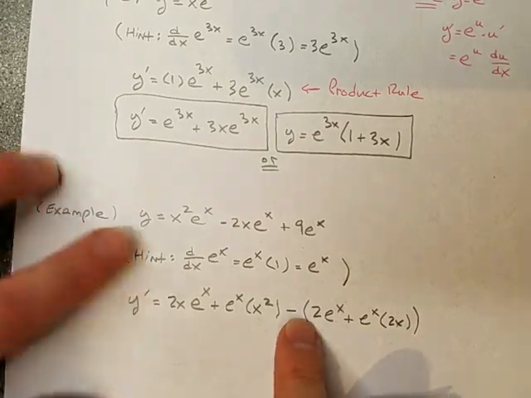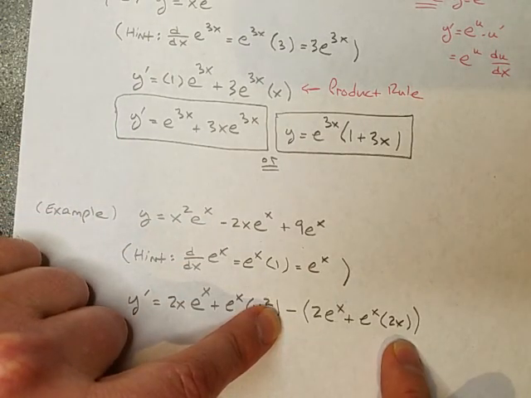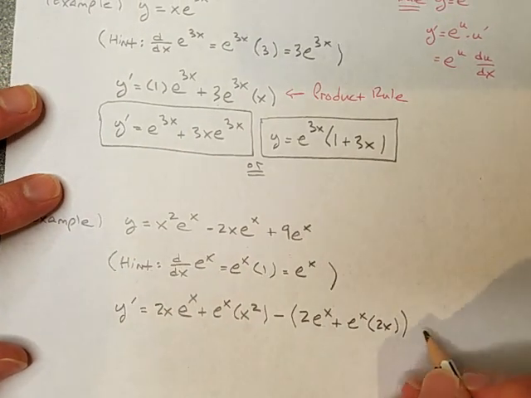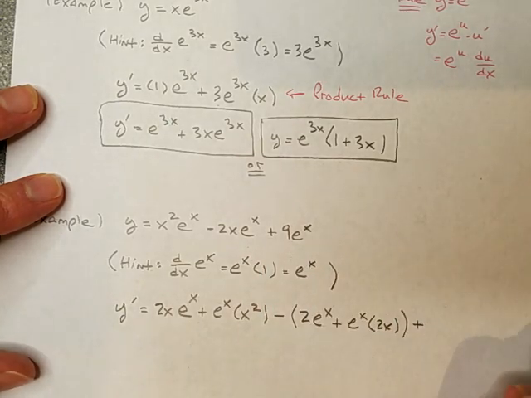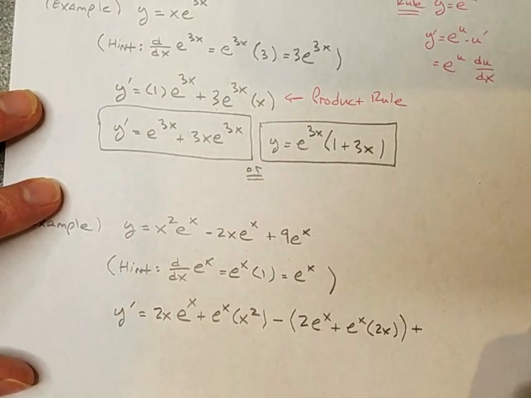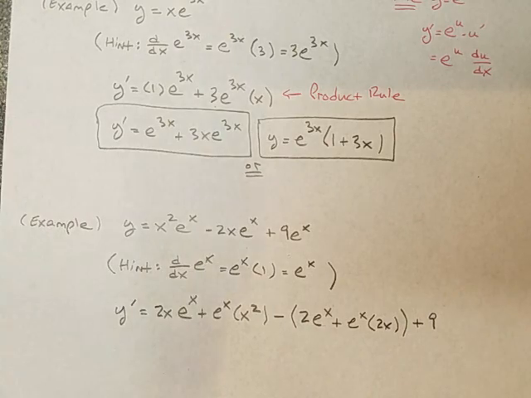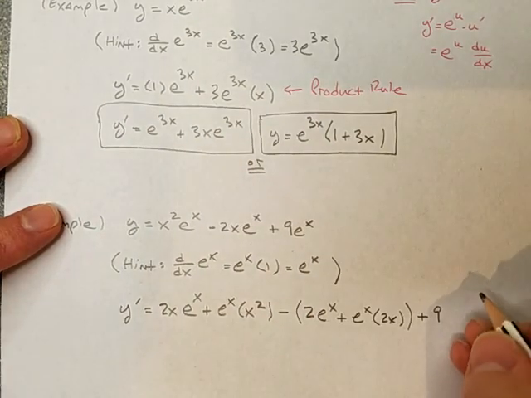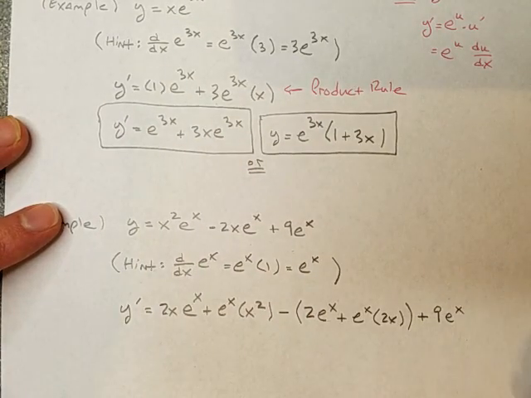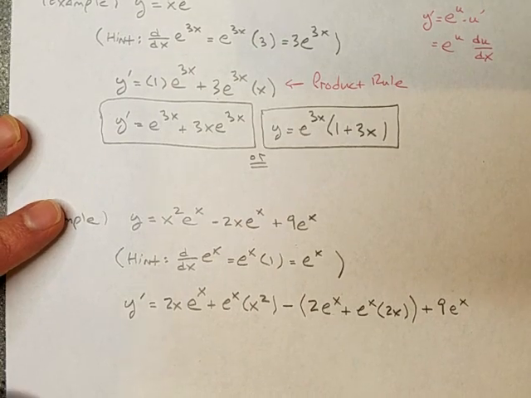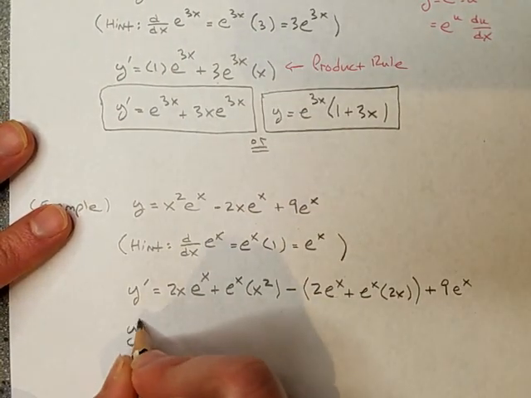Okay, so that minus applies to all that. What about this last one? Carry down the plus. What's the derivative of 9 times e to the x? Well, it's 9 times whatever the derivative of e to the x power is, which is e to the x power. Okay, so we got a lot of stuff here.